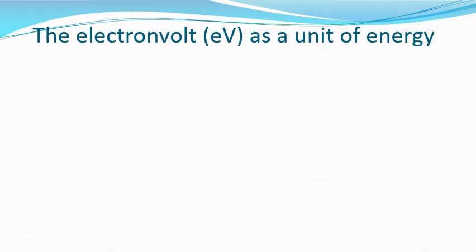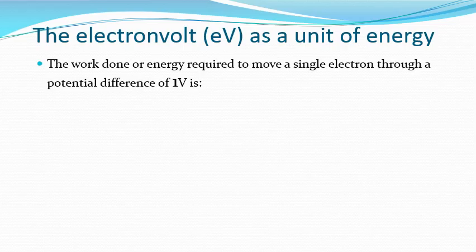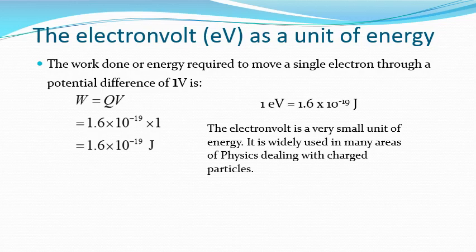Okay, finally, we're going to come back to something that we considered at higher, which is the electron volt as a unit of energy. The work done in moving an electron through a potential difference of 1 volt is 1.6 times 10 to the minus 19 joules, because W equals QV. This is called an electron volt, a small unit of energy, but it's often quite useful to look at because 100 electron volts will be 100 times this amount, so you can get a better feeling for it, in the same way that we use light years instead of meters for distances in astronomy.